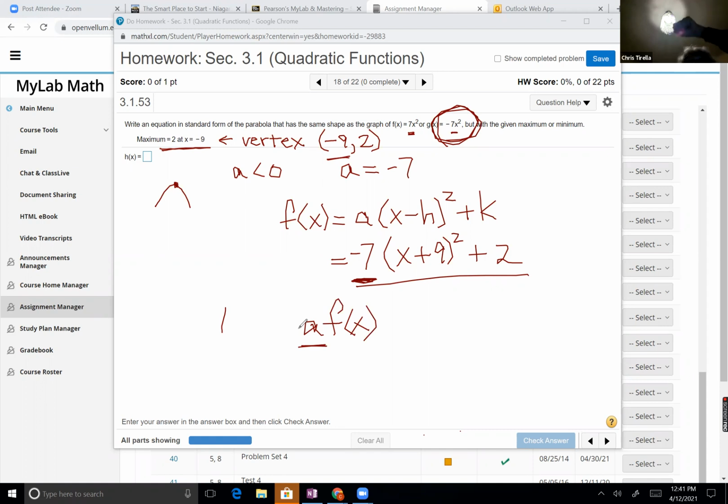If a was between 0 and 1, it made it squatty. And if a were negative, it turned it upside down. And so A is just how much I'm stretching or shrinking my parabola. Because A is negative 7 and 7's a pretty big number, it means it's going to be a tall, thin parabola stretched a lot.